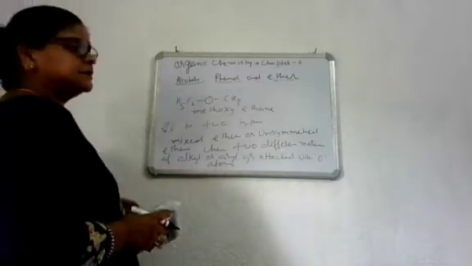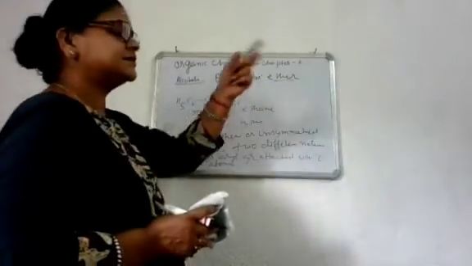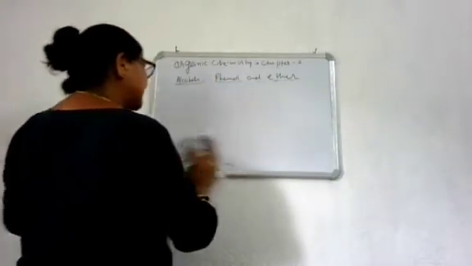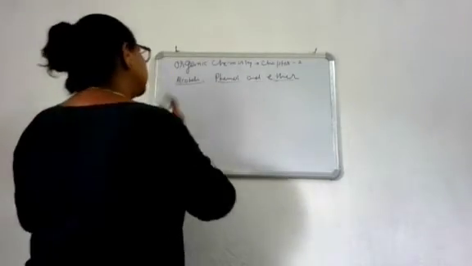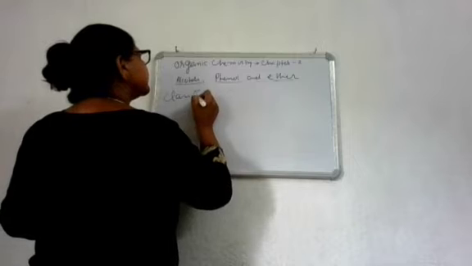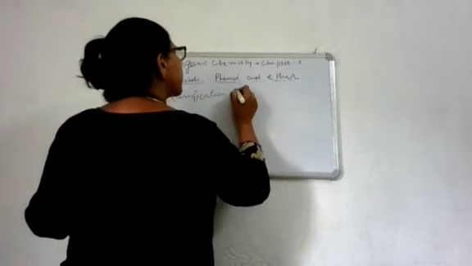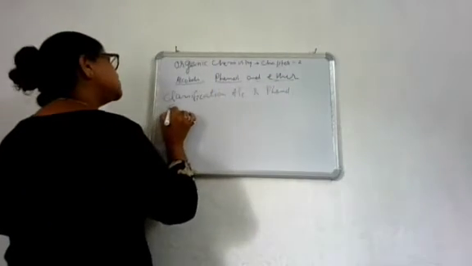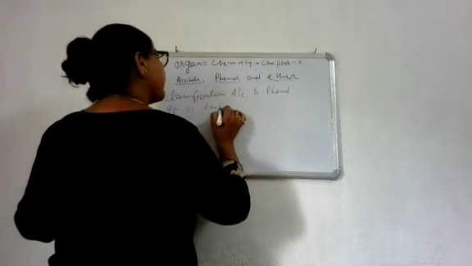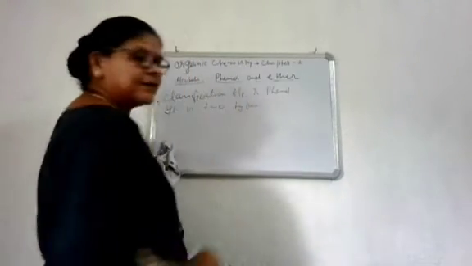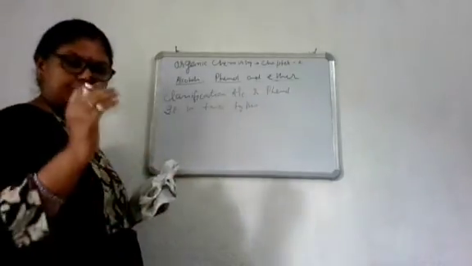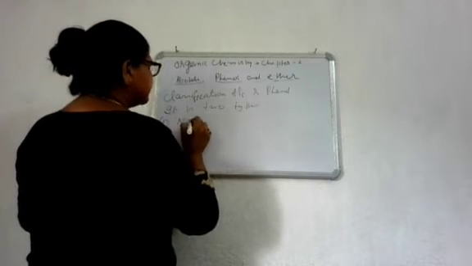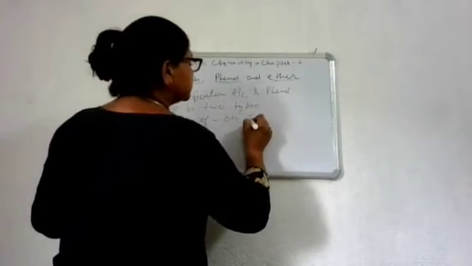So, after the introduction of alcohols, phenols and ethers, the next topic is the classification of alcohols and phenols. There are two classifications. One is on the basis of the number of OH groups.